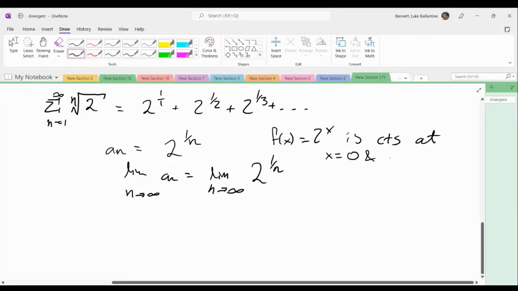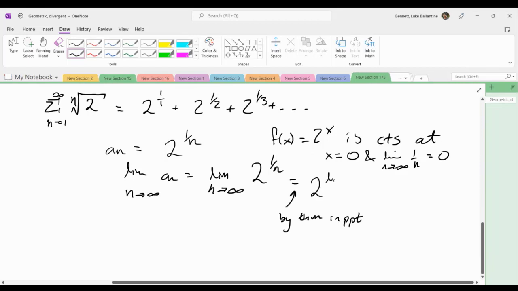And the limit as n goes to infinity of 1 over n is 0. So by that theorem, I think it was theorem 3 in the PowerPoint, the limit passes through the function.